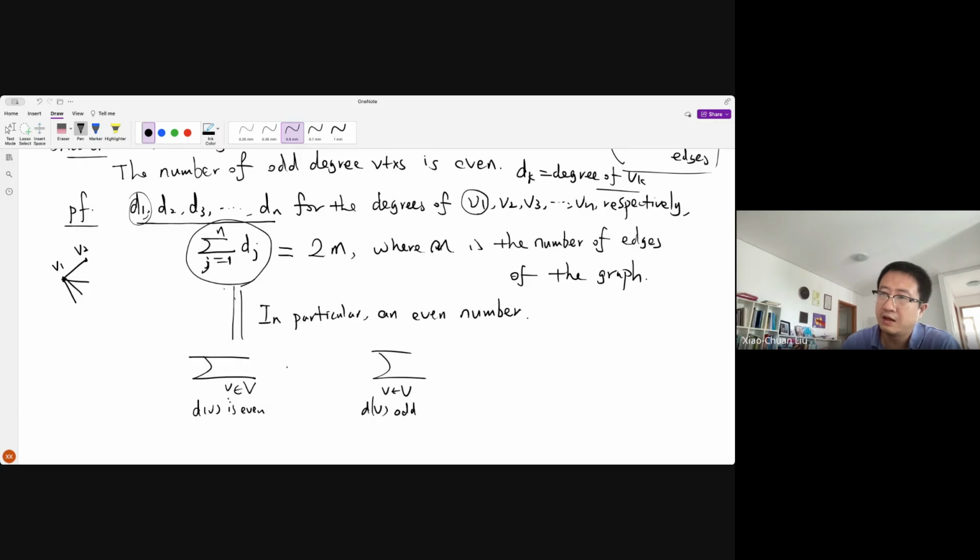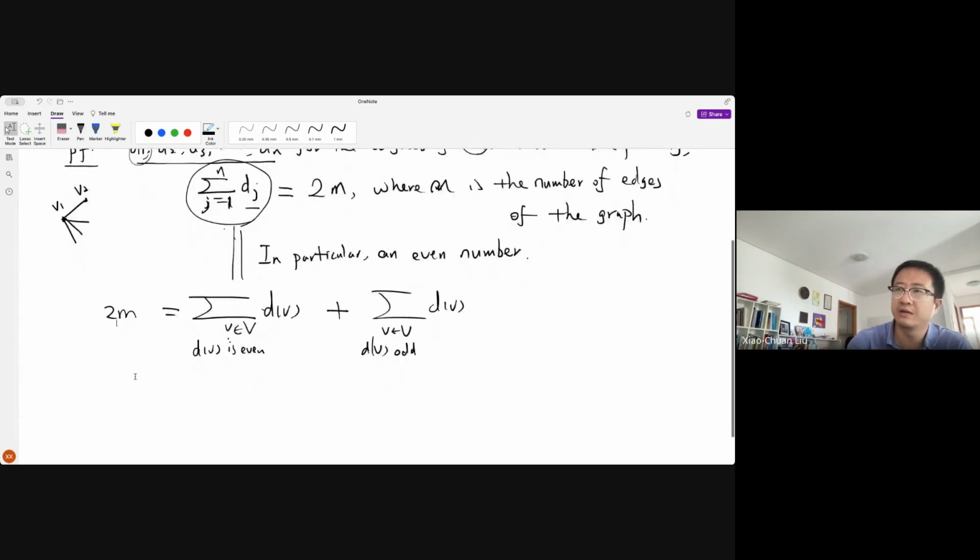And you take the degree of it. So you just split this sum into two parts, depending on whether dj is even or odd. If it's even, you put it into the first sum. If it's odd, you put it into the second sum. And the sum doesn't change. It's 2m, right? It's 2m.